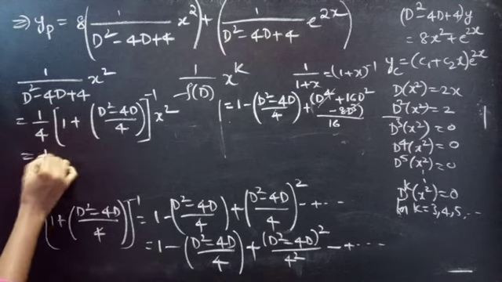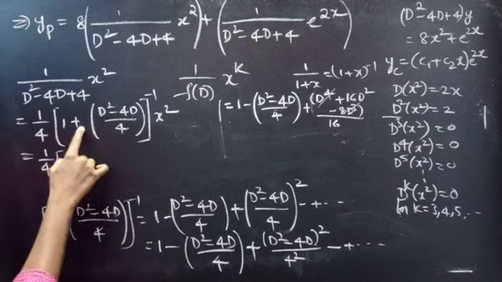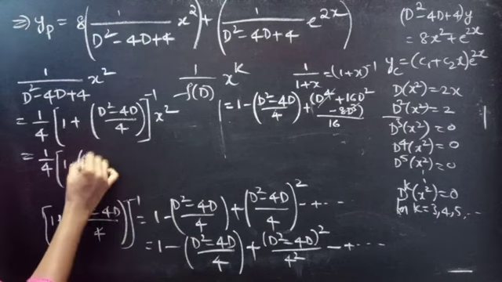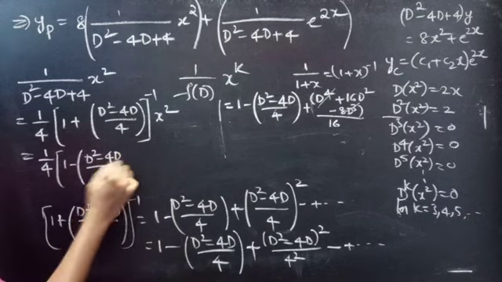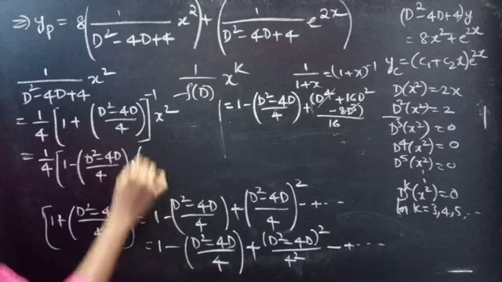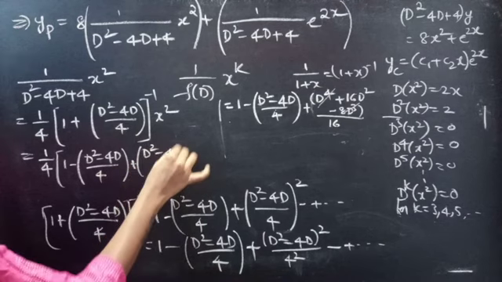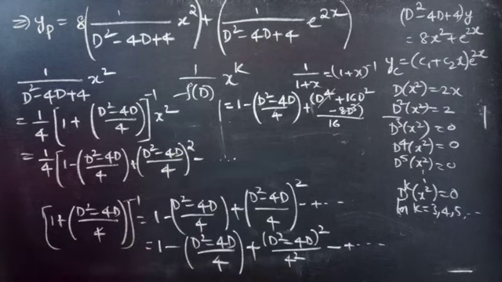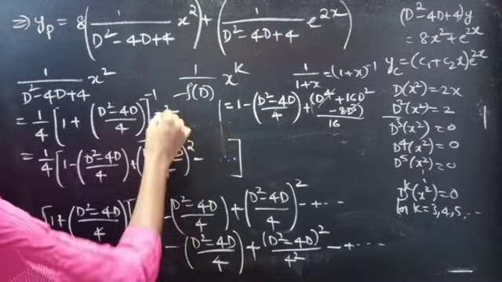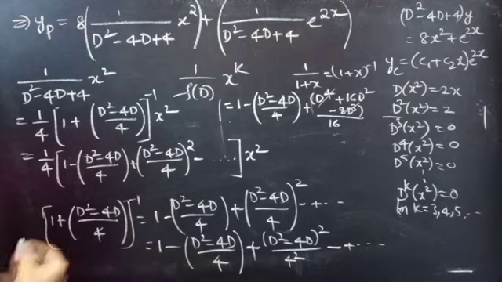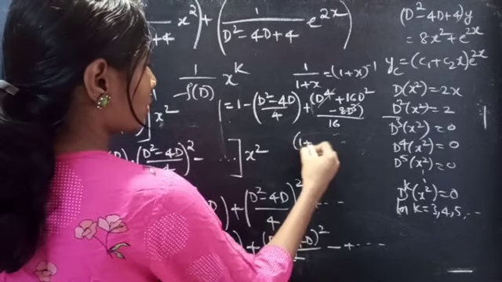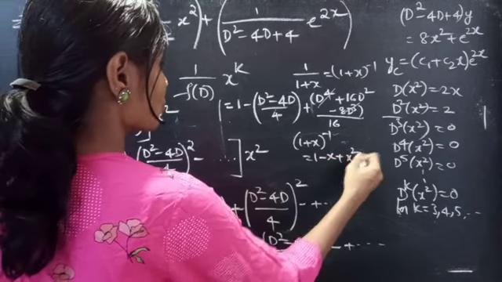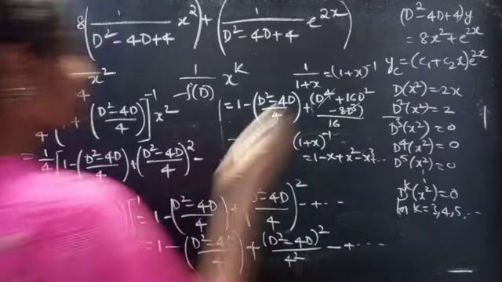This becomes 1 by 4 into the expansion of (1 plus x) whole inverse, which is 1 minus (d square minus 4d) by 4 plus (d square minus 4d) by 4 whole square minus so on, into x square. Here we have used the (1 plus x) whole inverse formula, which equals 1 minus x plus x square minus x cube plus so on.